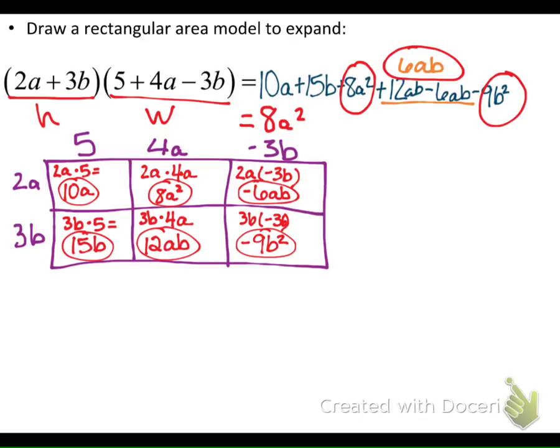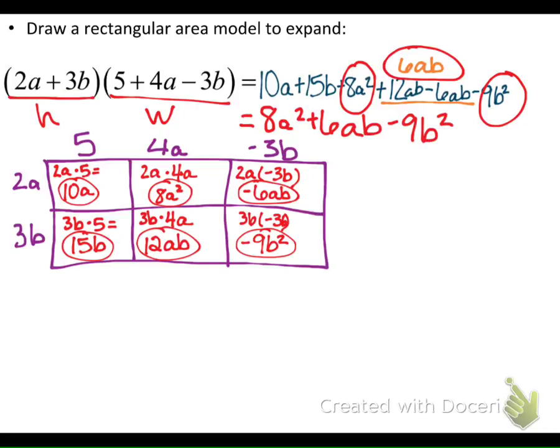We're just looking at these 3. We have to do our biggest exponents first. Yes. 6AB. And then we have one left, minus 9B squared, right?